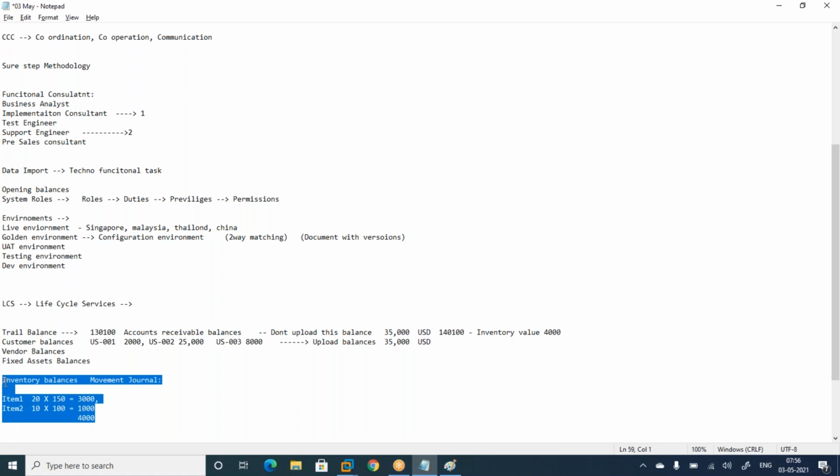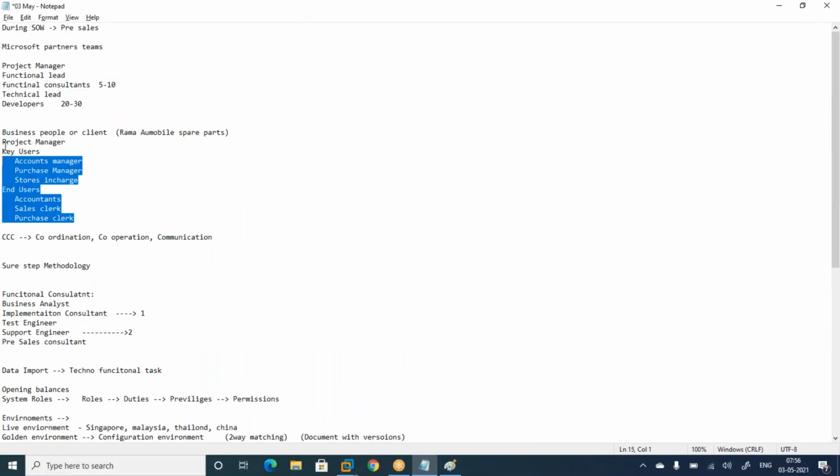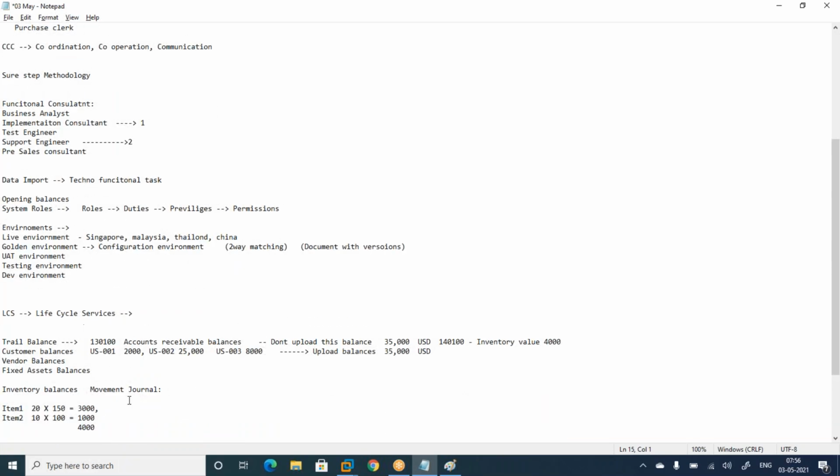They need to sit together from the client side, as I told you, business people. This is the coordination between accounts manager and stores manager, and of course purchase manager if required. These departments need to sit together and arrive at the value of the inventory. I'm not the decision maker for this one.